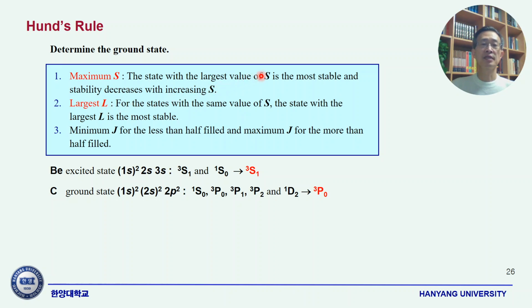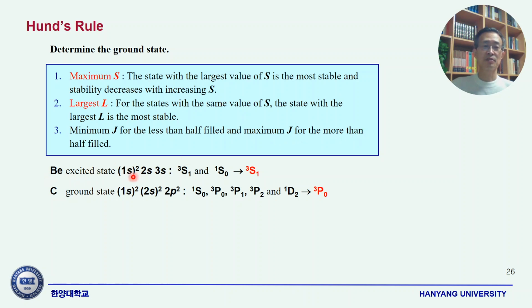If it has the same multiplicity, the largest L value, meaning D, is more stable than P, and then S, like that. And if S and L are the same, and the shell is less than half filled, the minimum J is the lowest energy state. If more than half filled, the maximum J is the lowest energy state.